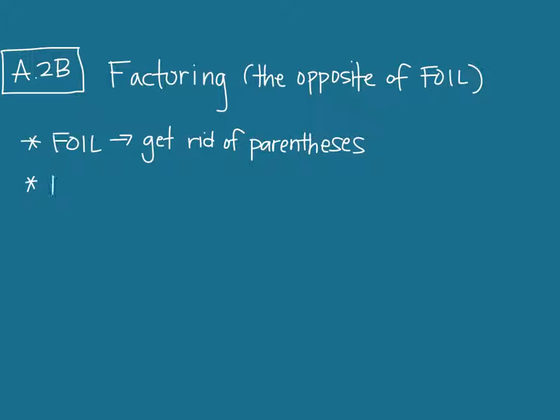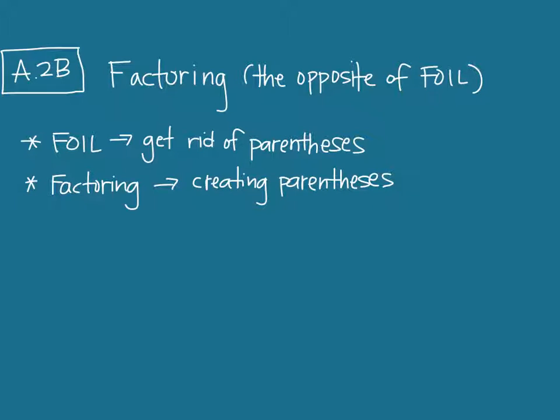So then the opposite, if the goal in FOIL is to get rid of parentheses, the goal of factoring is to create parentheses. And they both have their advantages, so you just have to know how to do both. Okay, so those are the differences between the two. FOIL is to get rid of the parentheses, to factor is to create them.